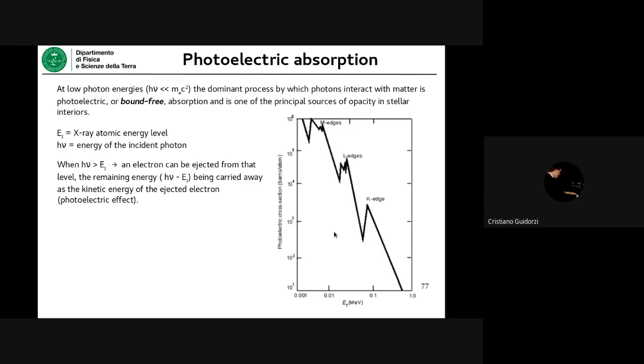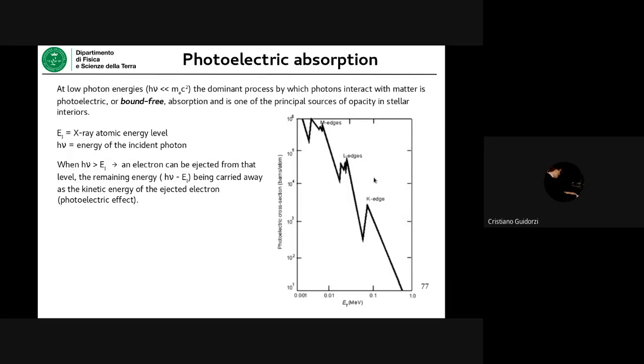If you consider outer shells, of course, the corresponding binding energy is smaller. So again, if you look at the second shell, in which the binding energy is smaller, the so-called L edges, you see from a qualitative point of view similar behavior, depending on the different sub-levels that you might have.